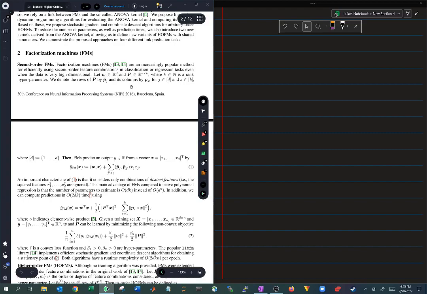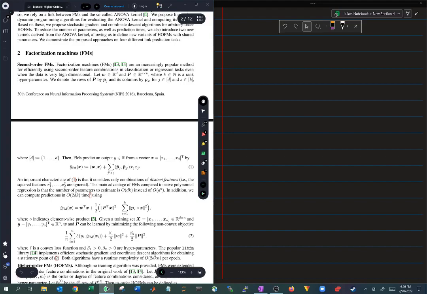But instead of the matrix of vectors, which in the previous paper was called V and was an n by k matrix, here it's called P, and it's a d by k matrix.